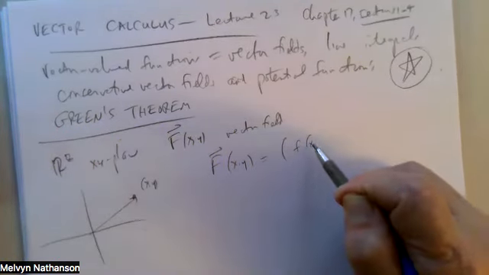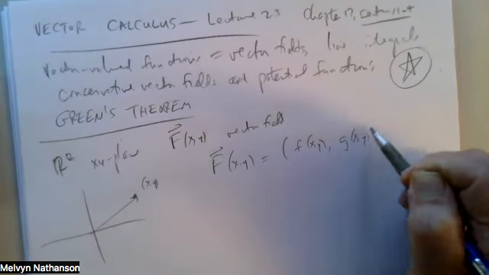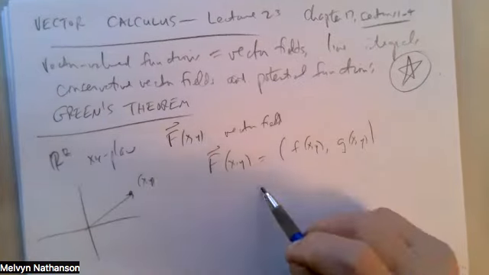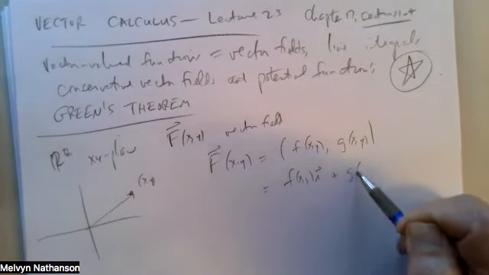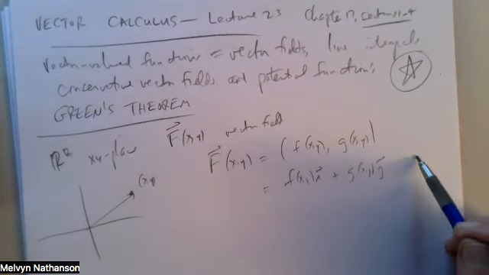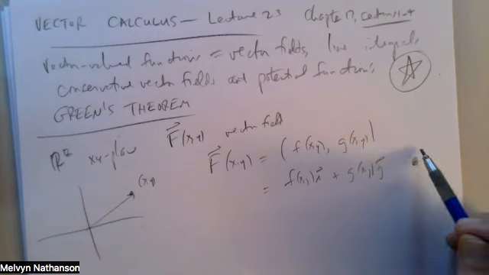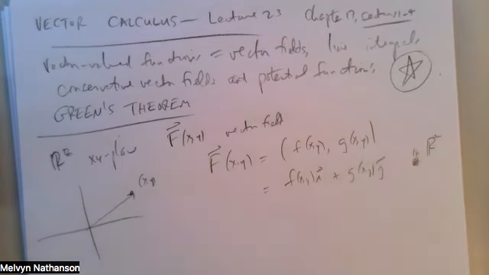Let's say we write its first coordinate as little f of xy and its second coordinate as little g of xy. Or you can write that as f of xy i plus g of xy j, right? This is in R2, in the plane. And that's all a vector field is.